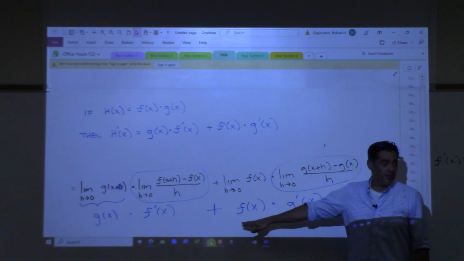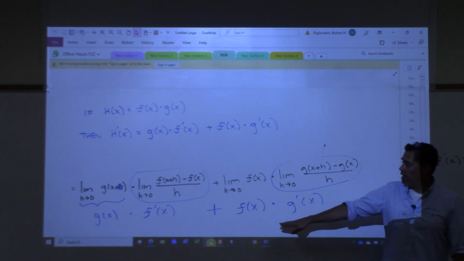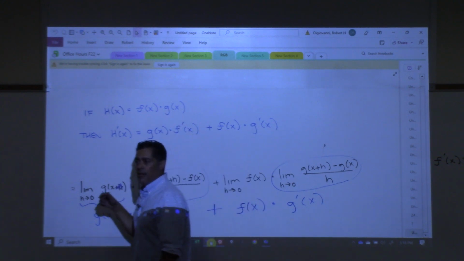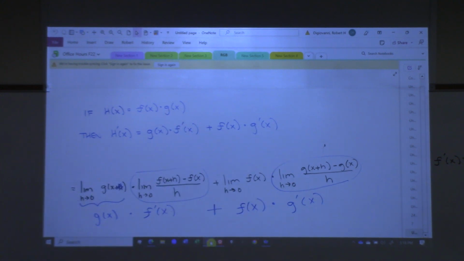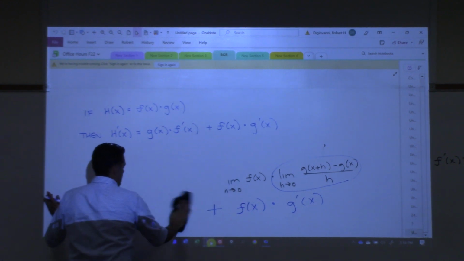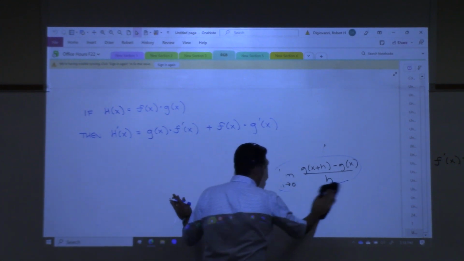That's what we just proved, right? If you take the product of two functions and you want to know their derivative, that's what it is. Yes?